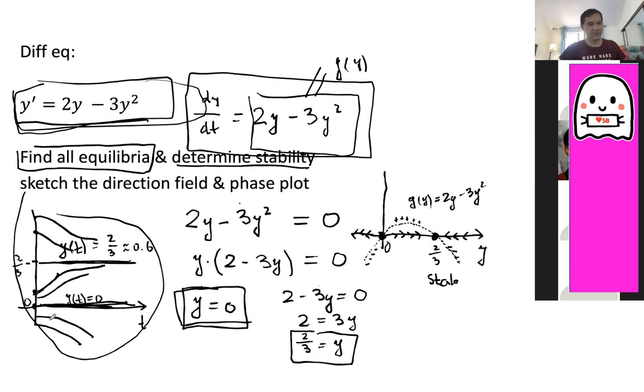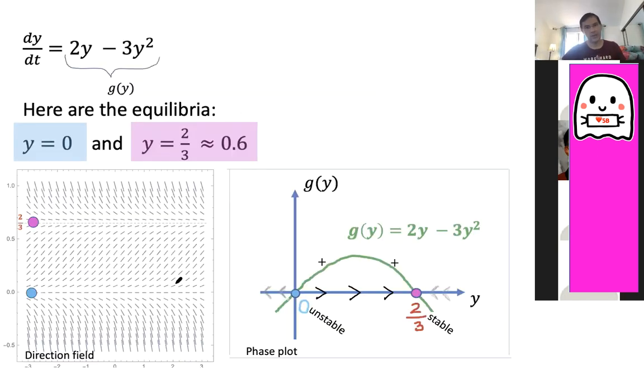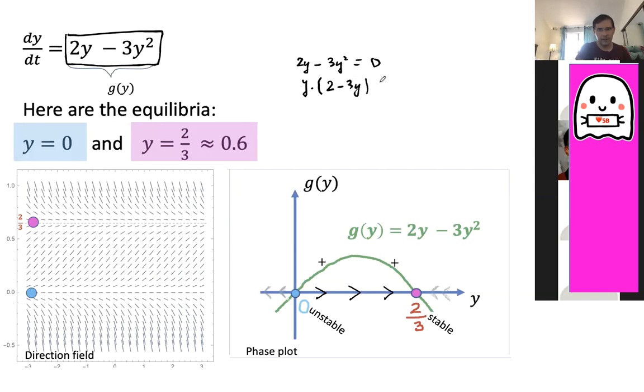Okay, so that's all. Let me say again, if that was a differential equation, step 1 will be to get the equilibrium solutions. What does this mean? Look at this equation, 2y minus 3y squared, and set the right-hand side of this equation to 0. This is the same as y times (2 minus 3y) equals 0.